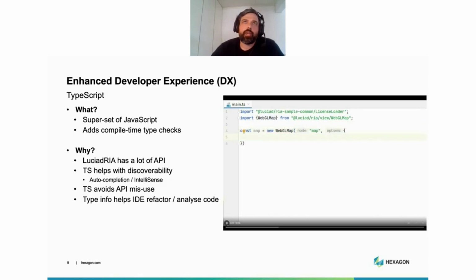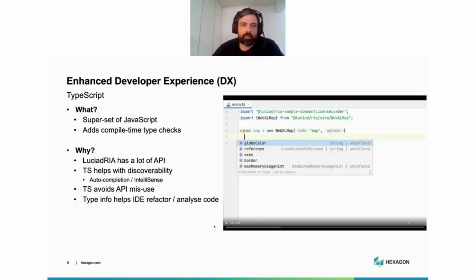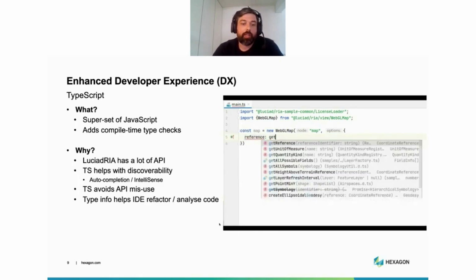Next up, we specify some options for our map. One of them is the map's coordinate reference. LuciadRIA supports both 2D and 3D maps. The type of map depends on the coordinate reference. Here, we will specify a 3D coordinate reference, so we'll end up with a 3D map.